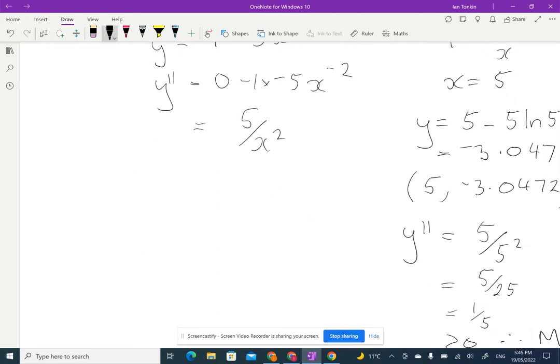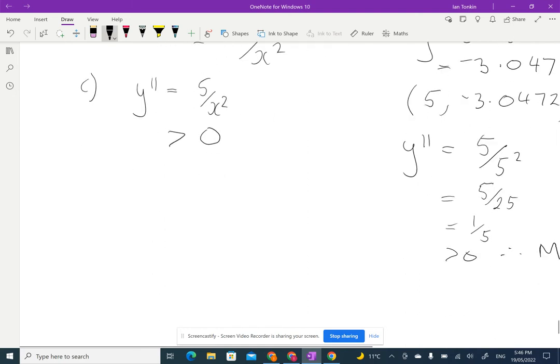Well, it says c, comment on the concavity. Well, the thing that tells us the concavity is the second derivative. And the second derivative equals 5 on x squared, which means that the second derivative will always be greater than 0. It can't equal 0 because you can't divide by 0, so it has to be greater than 0. And this means, therefore, it's always concave up. Always concave up.